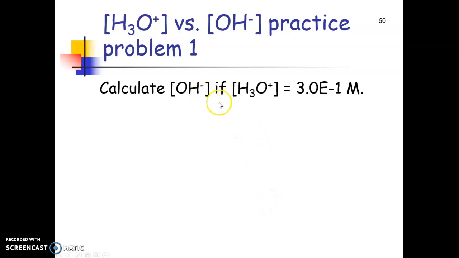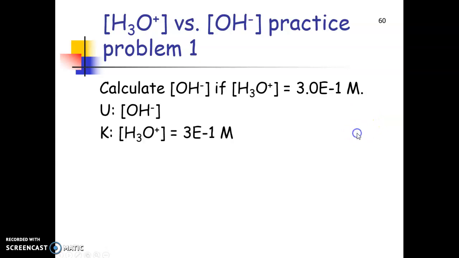Alright, so let's do a little bit of practice with this. So we're going to calculate the hydroxide ion concentration if the hydronium is 3 times 10 to the minus 1 molar. So we're looking for the hydroxide ion, and we know the hydronium. So this time we have the hydroxide and hydronium, so we're going to use the Kw equation.